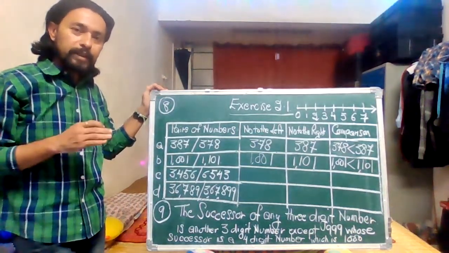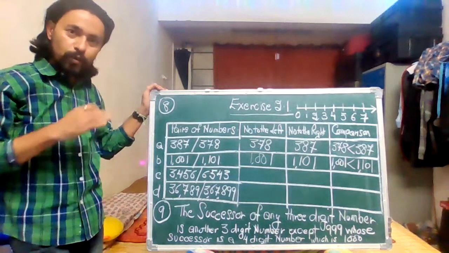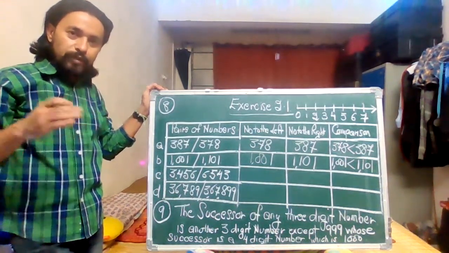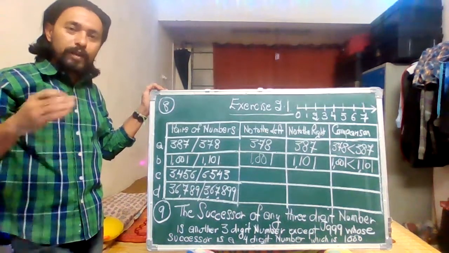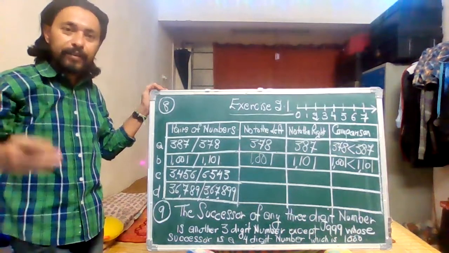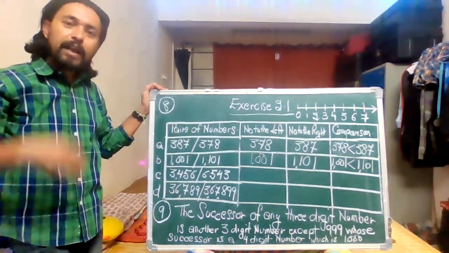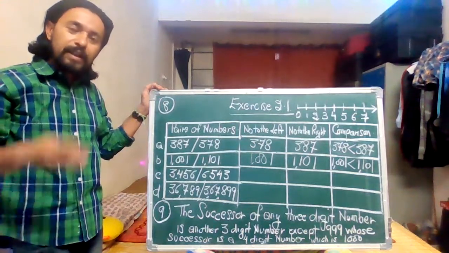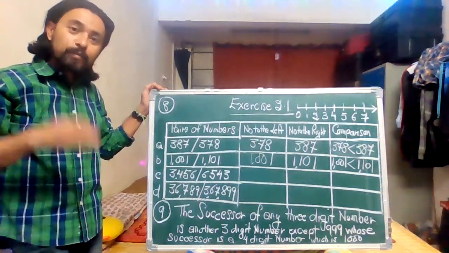Remember, when I look at the number line starting from 0 and going to infinity, as we go along the number line, the numbers go on increasing in value. That means they are getting greater and greater. And every time a greater number comes at the side of another number, that other number becomes smaller than that number.